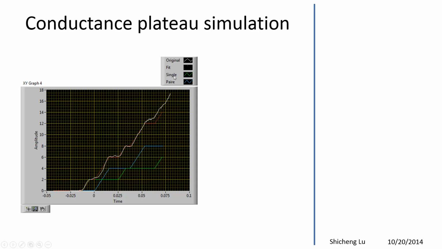The green line is a single electron conductance plateau at 2 and 4, and for pairs we have 4, 8, with some parameters. Adding them together, we get this red line, which fits the data very well below maybe 10 e²/h. I don't know why above 10 e²/h it doesn't fit very well.